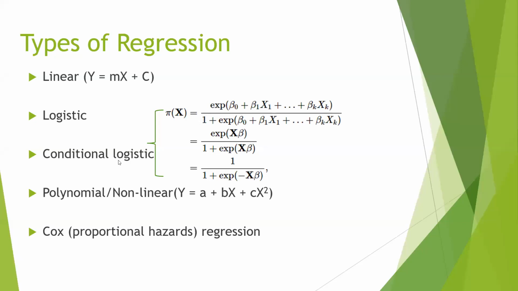And conditional logistic is for matched case control study design, where you have matched pairs of data. And if your y is a time variable, that means duration, for survival or some other thing which you are measuring for the duration. So this is the thing you can understand from this.